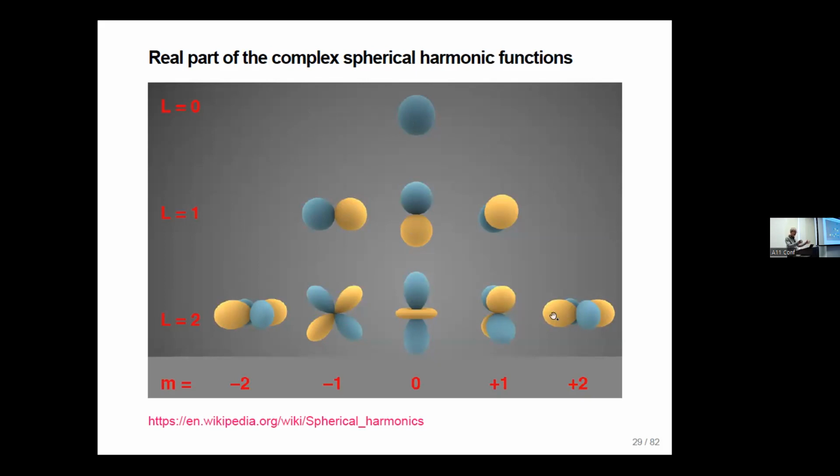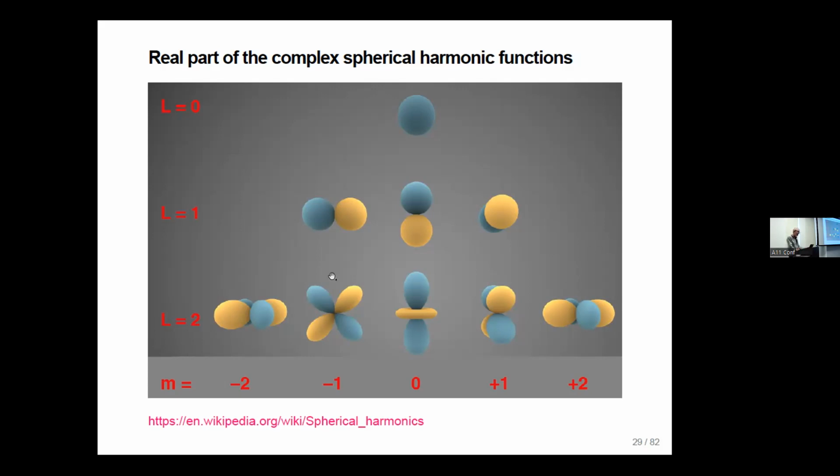So the spherical harmonics just describe these distributions in space. And one of the reasons they're so useful for us is we're interested in rotations. We're interested in rotations of the molecules in physical space, rotation of the operators in spin space.